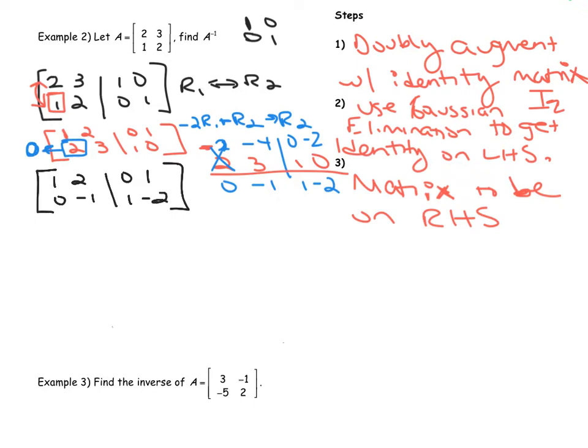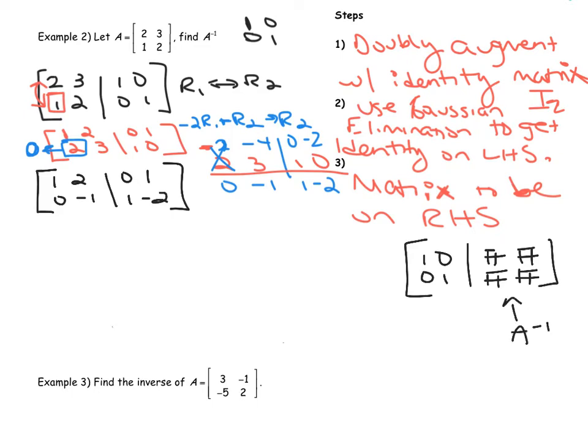Now, guys, remember our next step. Again, remember the goal. We want 1, 0, 0, 1, and we'll get the numbers on the right-hand side. The numbers on the right-hand side, that's going to be our inverse matrix. That's our goal. Okay, now our next step, I'm just going to erase this just for some space. We want to multiply the second row by what?